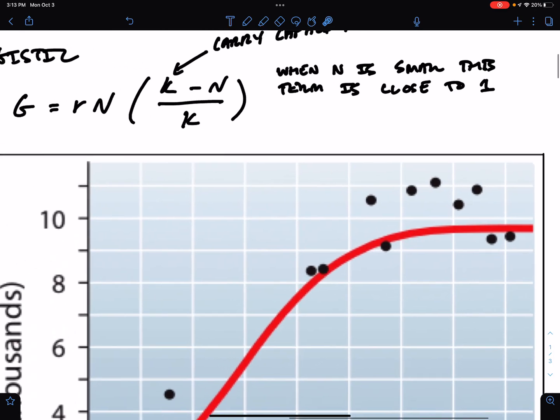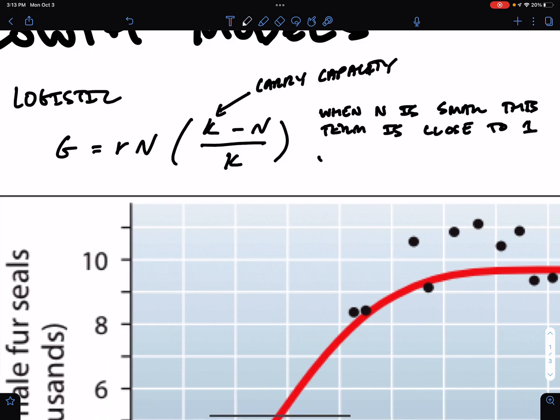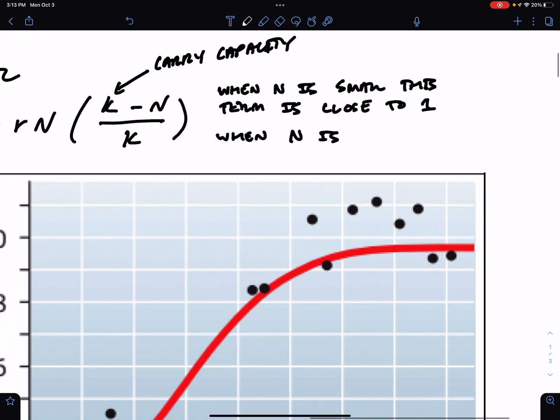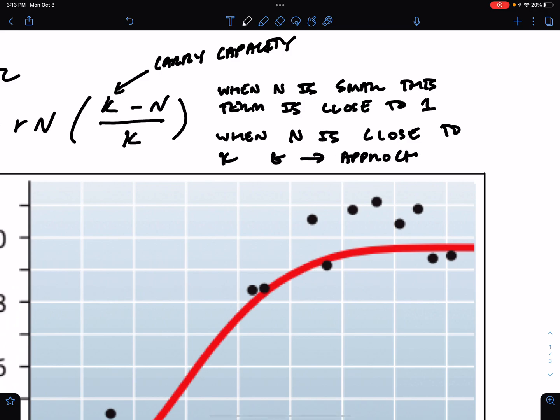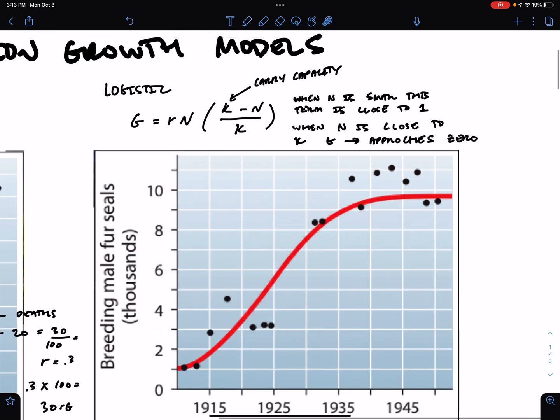So when N is large, or I guess we're saying N is close to K, G approaches 0. You can see here we have a leveling off period where the growth rate of our population is very close to 0, because this term is going to approach 0 as N approaches K.